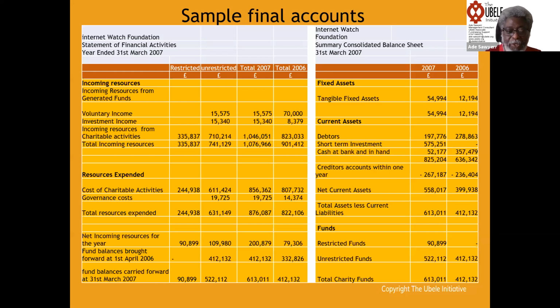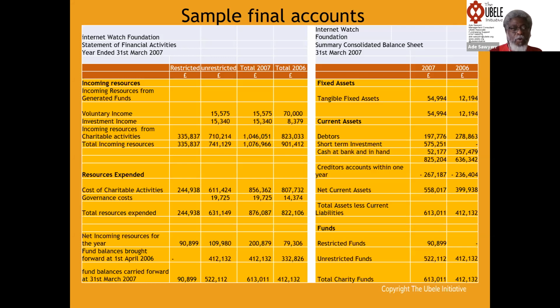And this, as you can see from this chart, is represented by restricted funding, that is the 90,000 we have here, and by unrestricted funding, 522,000. It balances. So this is a simple account. What the account shows is the performance of the organization and the net worth of the organization.